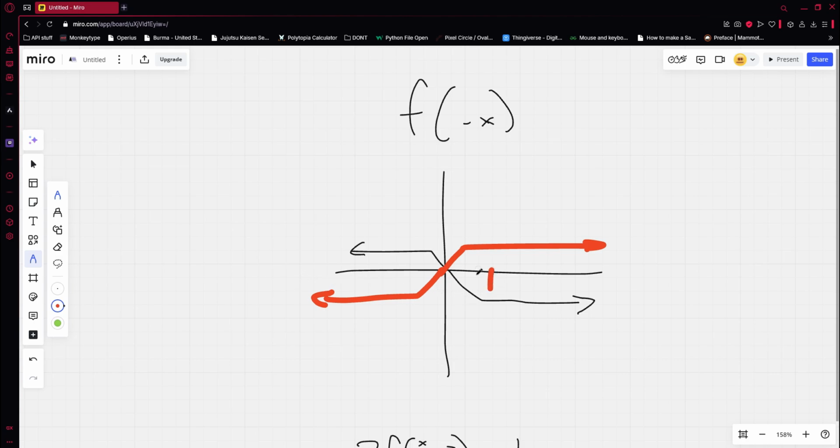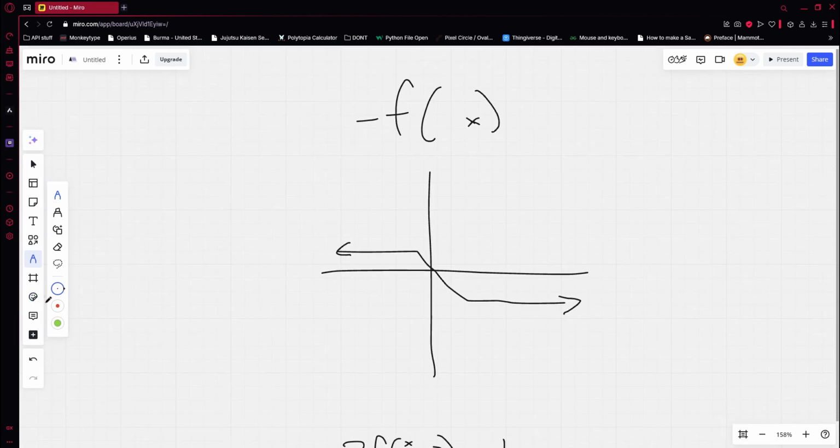It's facing up, and then it's rotating around. The other way around is if we make the function negative. In that case, we flip it over the x-axis, which I realize looks exactly the same, but we're bringing it over.